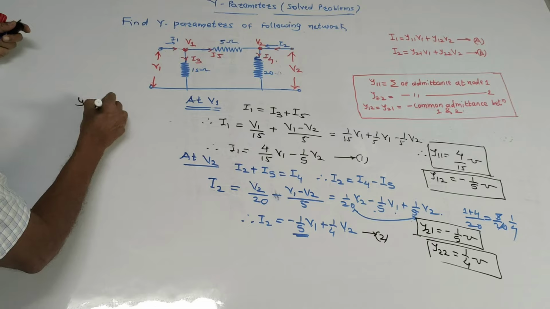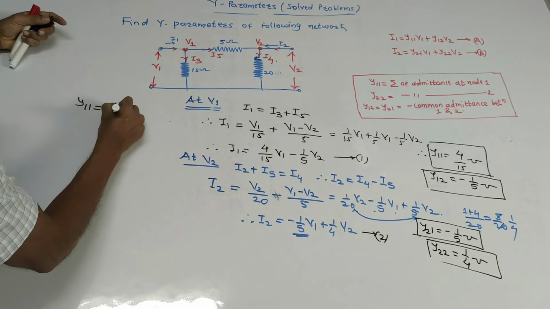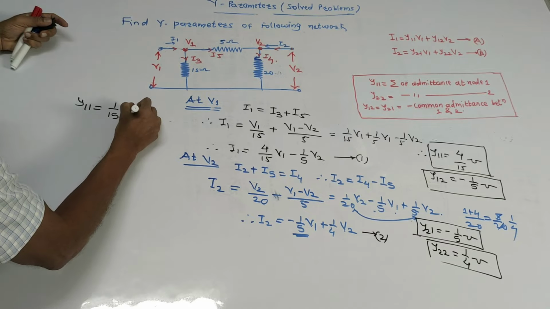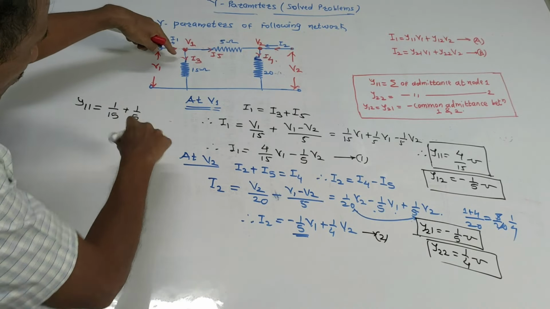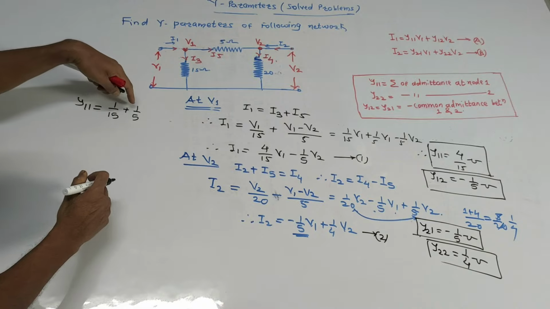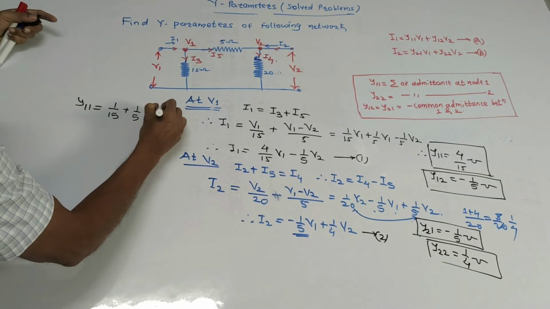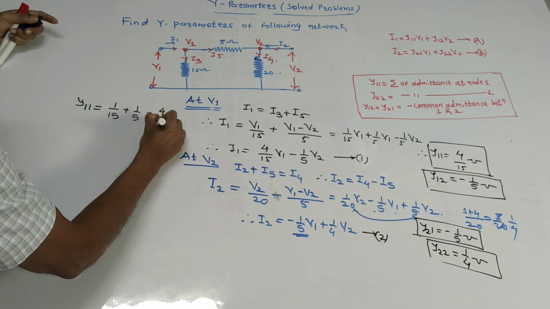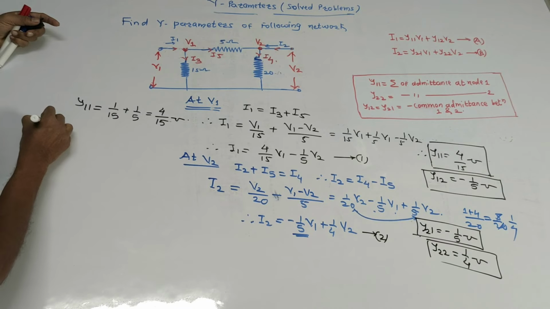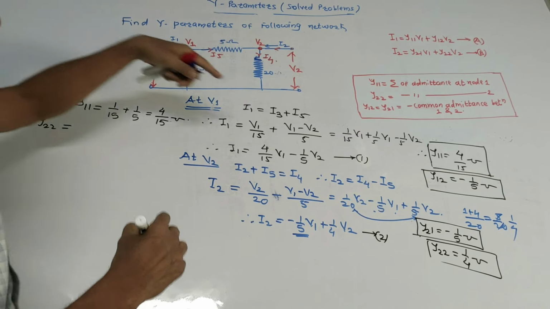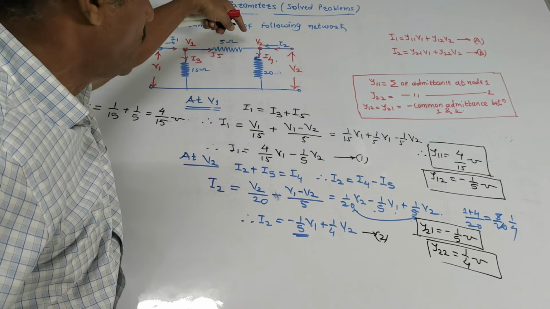So I will write it over here. So it is 1 upon 15 plus 1 upon 5, because these two resistors are connected to node 1. So I have to take the reciprocal of this, 1 by 15 plus 1 by 5. If you take LCM, then it will be 4 by 15 mho. Second, Y22 is equals to summation of admittance connected at node 2.